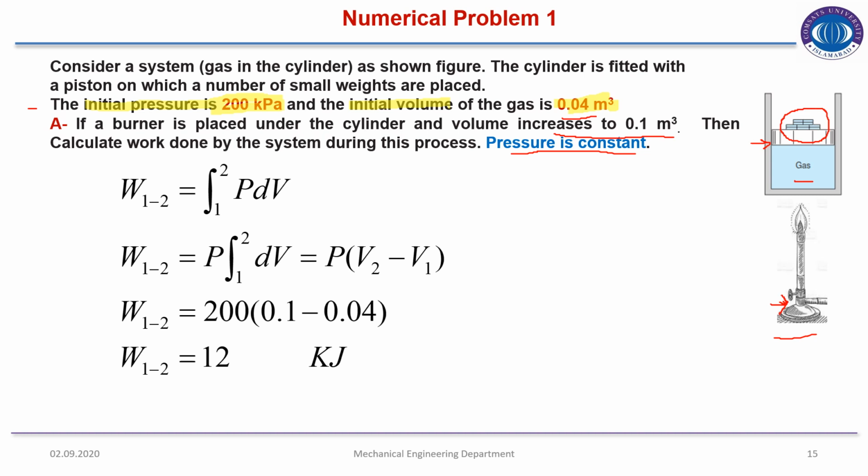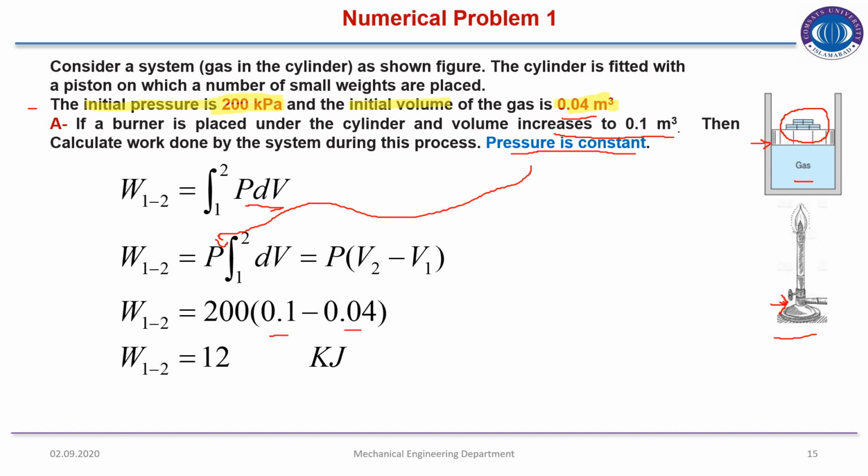The formula for work done from state 1 to 2 is integration from 1 to 2 P dV. You know that. Now the pressure is constant, therefore P comes out of the integration, and dV, the change in volume, is from 0.04 to 0.1.